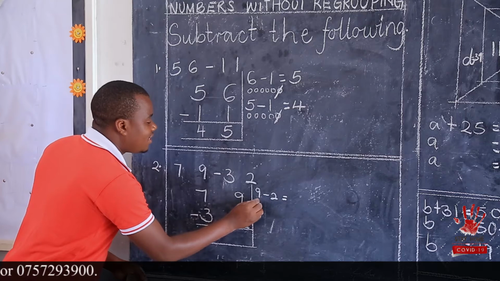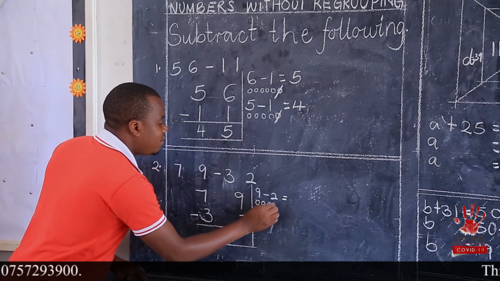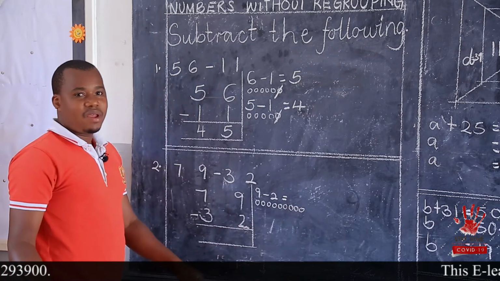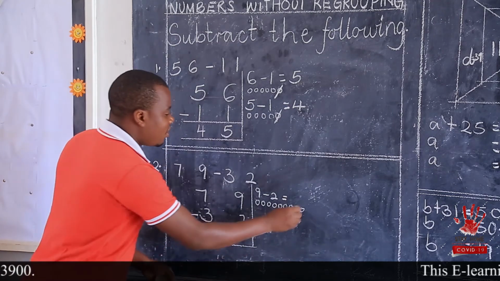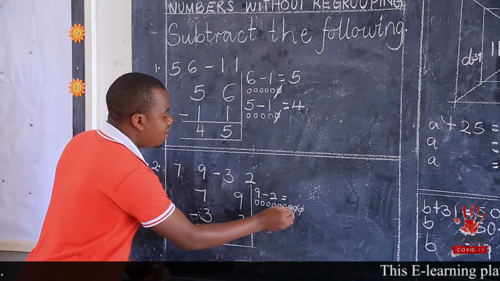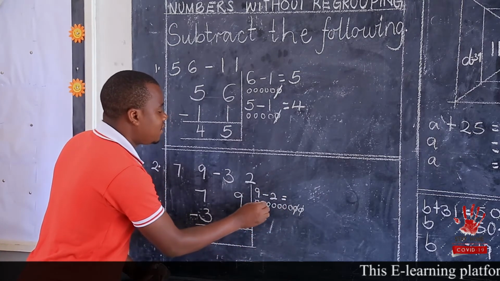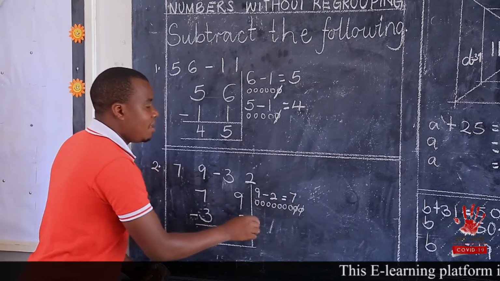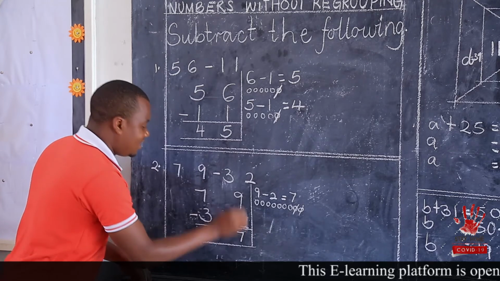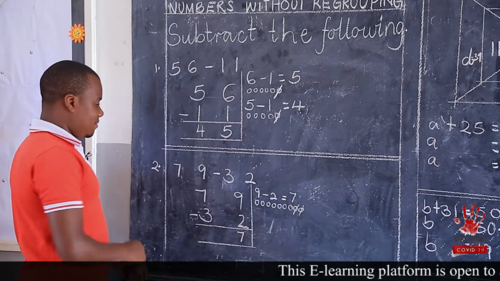So you will come and say 1, 2, 3, 4, 5, 6, 7, 8, 9. How many am I subtracting? 2. So I'll come and say 1, 2. So what am I remaining with? 1, 2, 3, 4, 5, 6, 7. Meaning 9 take away 2 is 7. So I come and write here 7.